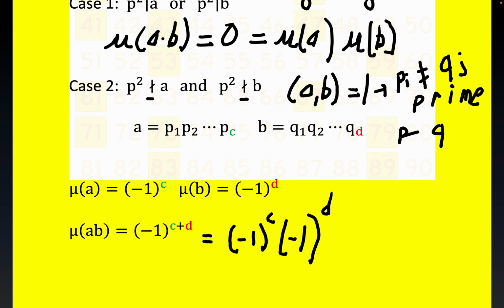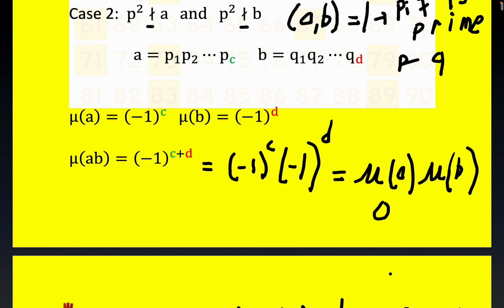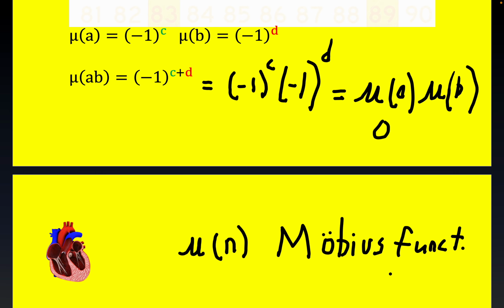That's mu at A times mu at B, just from the definitions. And y'all, this makes it QED time. So QED. We're done, y'all. And again, basic laws of exponents.